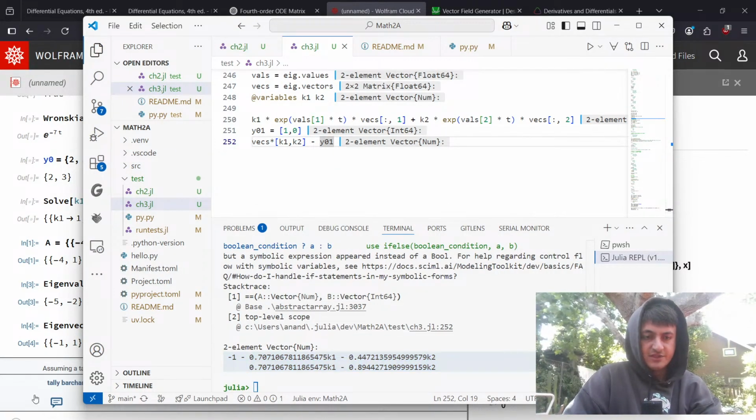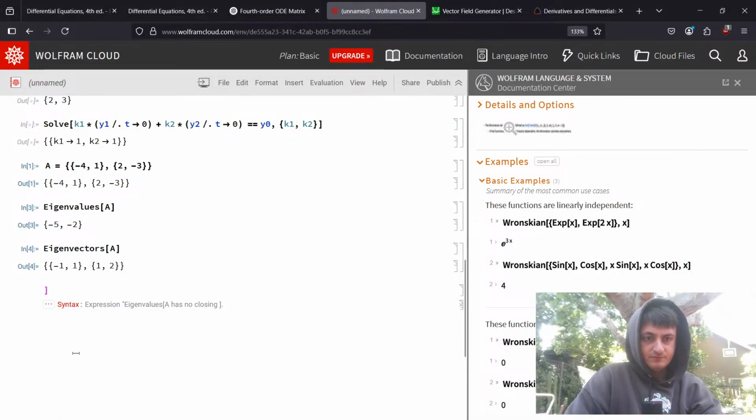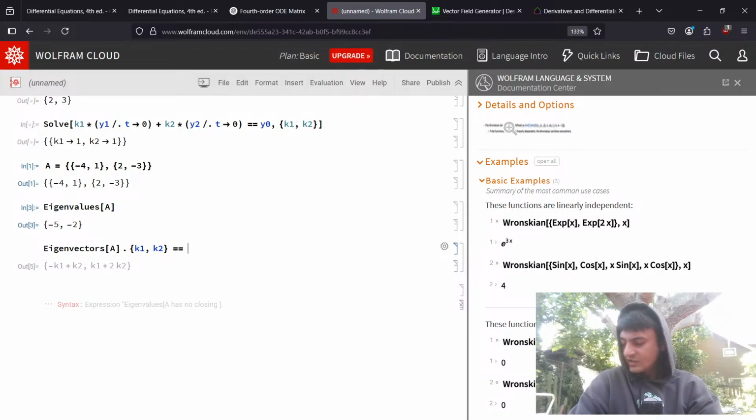Oh, but it's so annoying to solve that. So what is this?